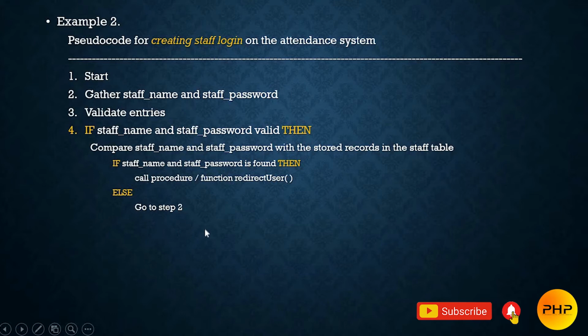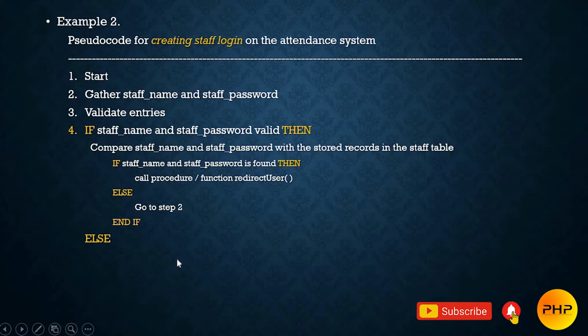So we end this nested if, the internal one. Then we come to the else of the main if statement. We said if the staff name and the password are valid.